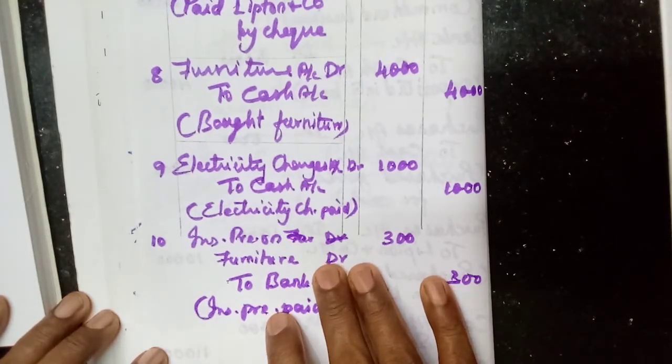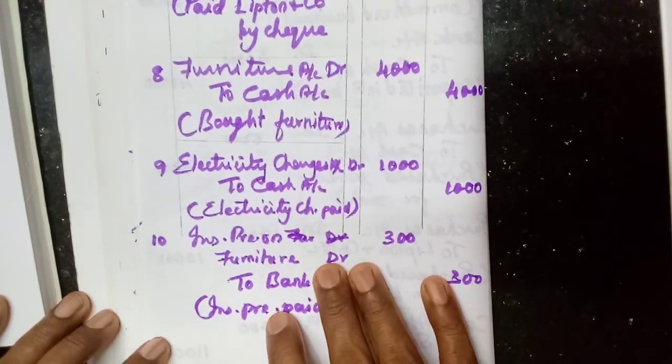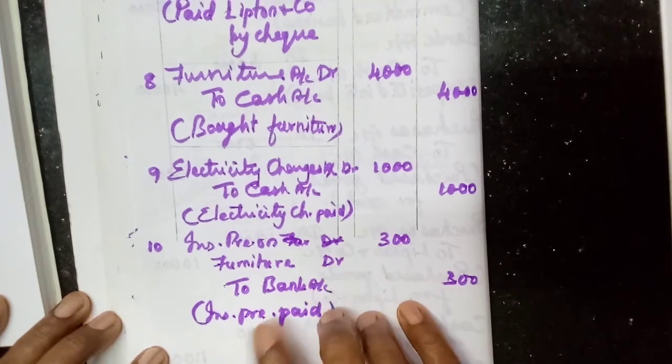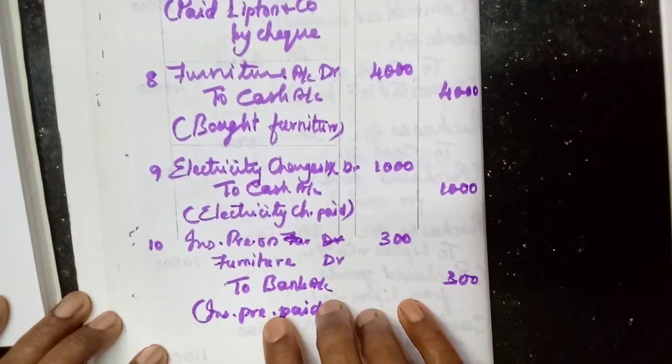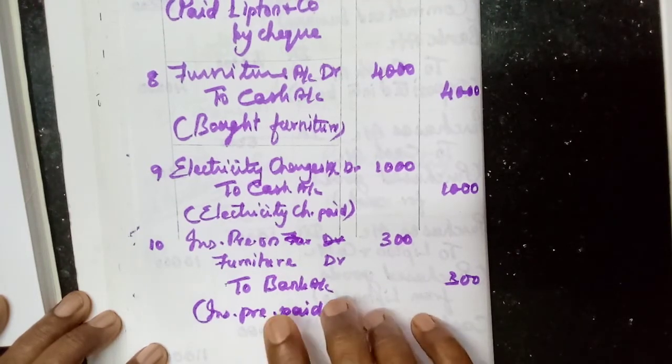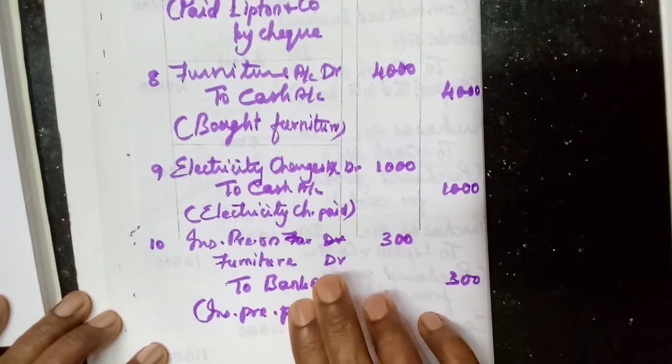So the other 2 illustrations you can see and try to understand how it is made. Again, I will not explain each and every transaction writing in another book. So in mind we have to calculate: what are the 2 accounts involved?